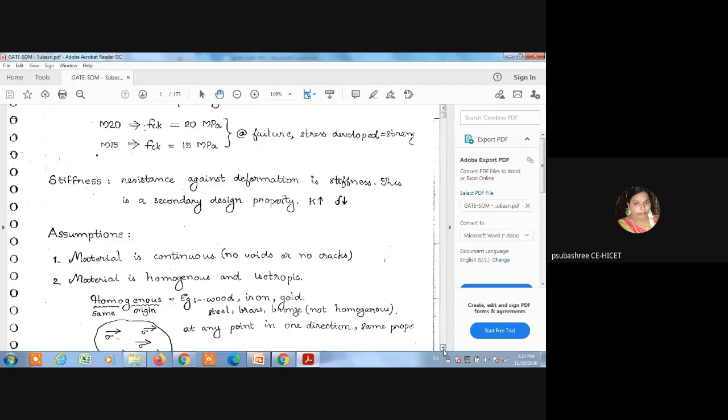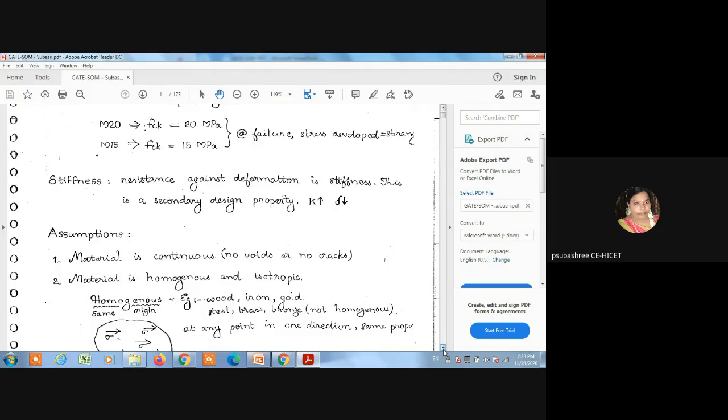The deformation is also called deflection, change in dimension, lateral strain, longitudinal strain, volumetric strain. It is also denoted by K and delta.